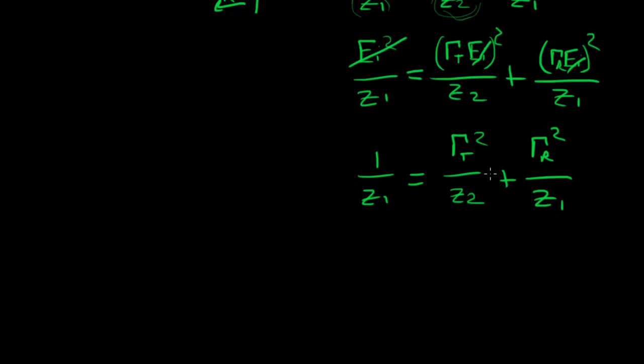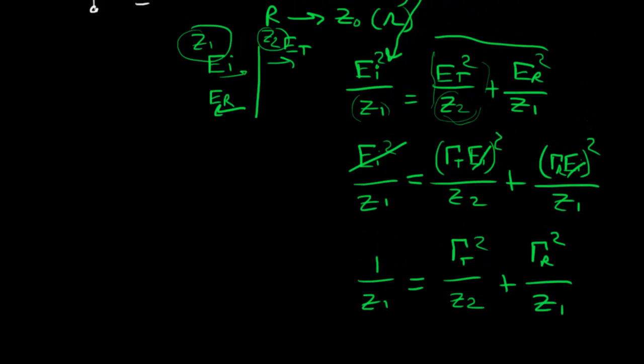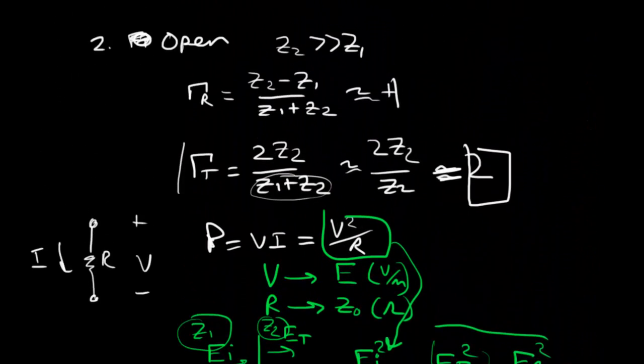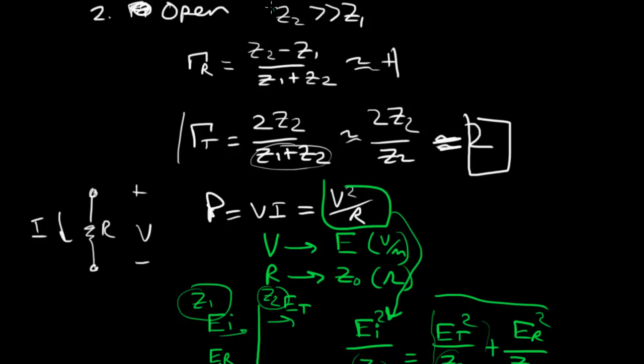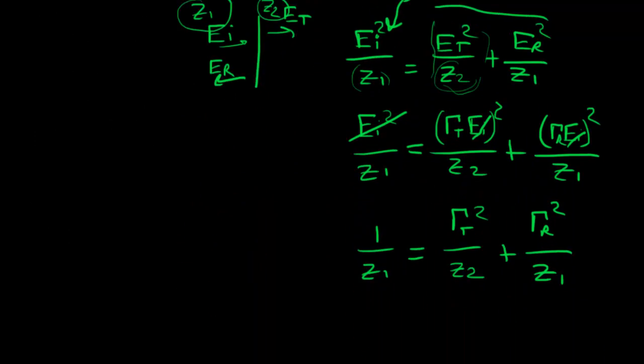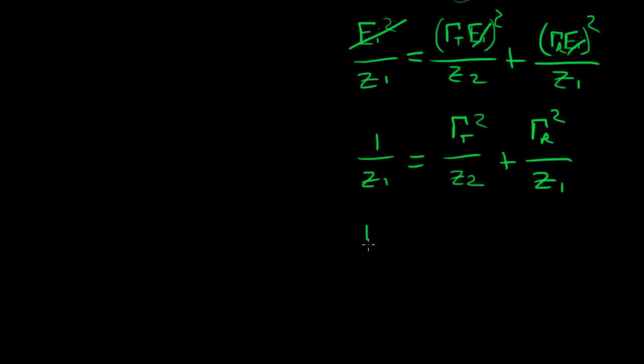Let me look back at my notes here. That's the way it is, and for this case of the, which one was that? For the open, where Z2 is much greater than Z1, and where the transmission coefficient is 2, the reflection coefficient is 1, what do we have? So we'll have 1 over Z1 equals the transmission coefficient of 2 squared over Z2 plus 1 squared over Z1.